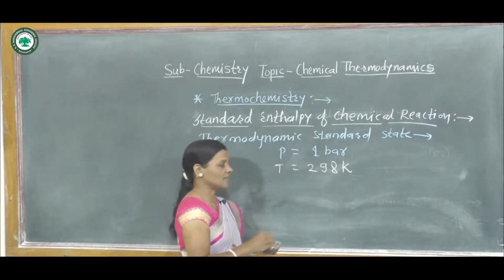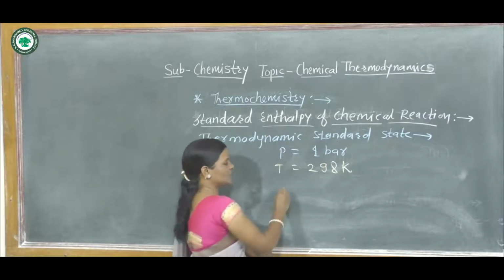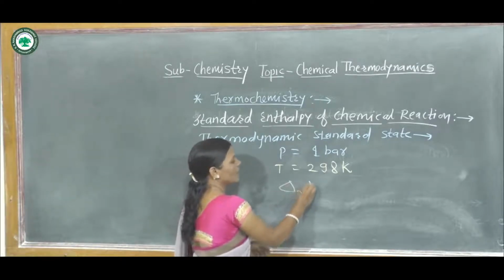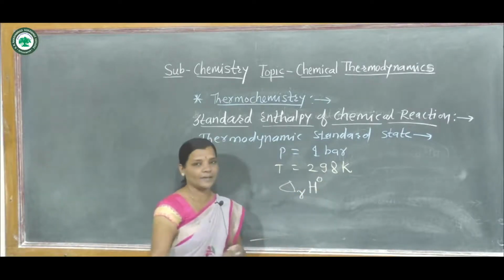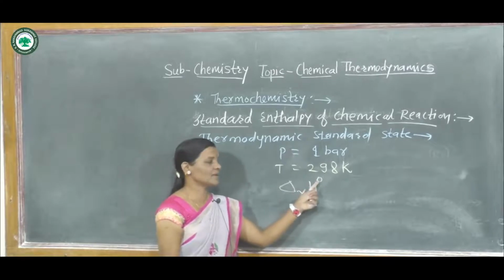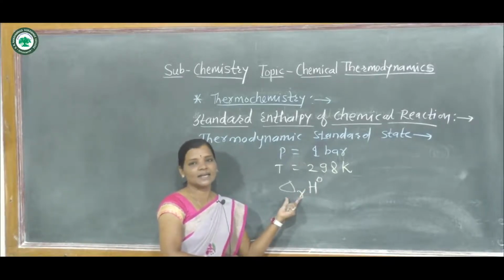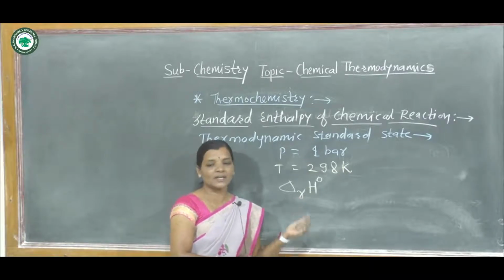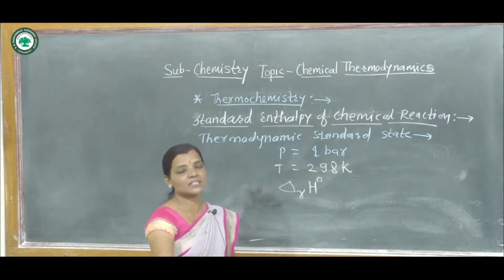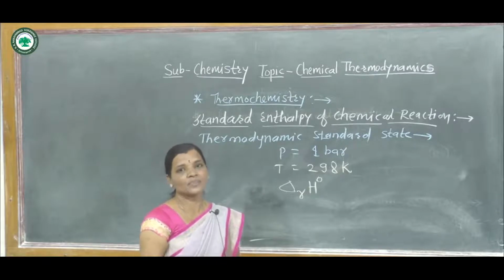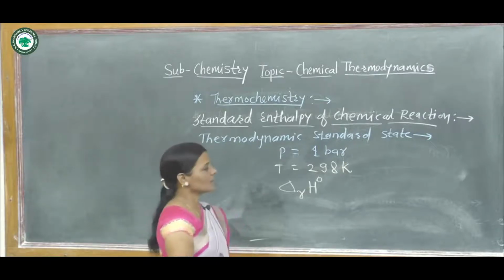The standard enthalpy of chemical reaction is denoted by the symbol ΔrH°. Here the degree sign indicates that it is the standard enthalpy for the given chemical equation. Now let us see what are the standard physical states for the elements and for particular compounds.